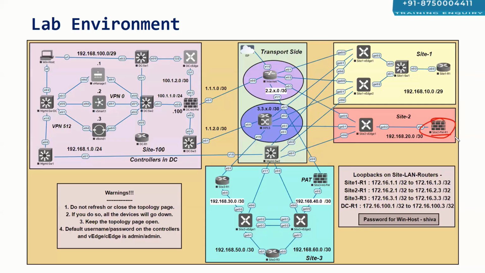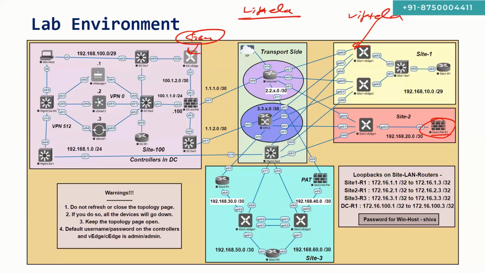What's the difference between the cEdge and the vEdge? Those are two different platforms. One is coming from Viptela: vEdge is from Viptela, and cEdge is from Cisco. The Cisco platform, the Cisco router, will be called cEdge. Let me tell you, this SD-WAN solution came from Viptela originally. It's not originally a Cisco solution.